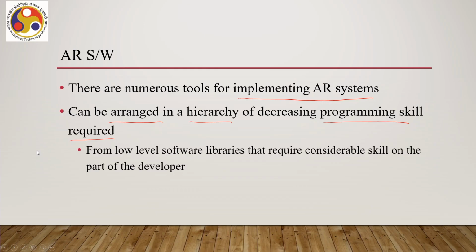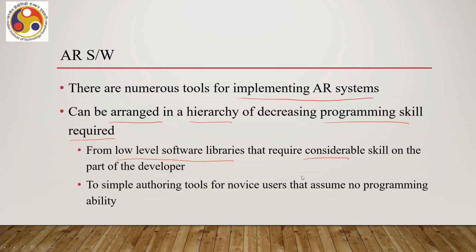So, at one extreme of the category are the low level software libraries that require considerable skill on the part of the developer, skill in terms of understanding the library functions as well as skills in terms of coding where the library functions can be called. So, that is one extreme where low level libraries are used.